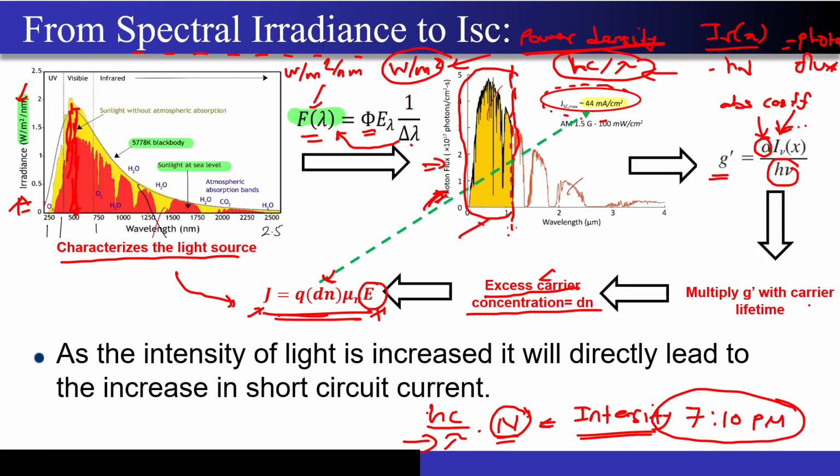Now if I have a lesser number of photons, and the absorption coefficient of the semiconductor material remains the same at a particular wavelength, then what does this mean? Since I have decreased the number of photons, the number of electron hole pairs that get generated because of the shining of light is going to get reduced, and that will decrease the excess carrier concentration proportionally, correct?